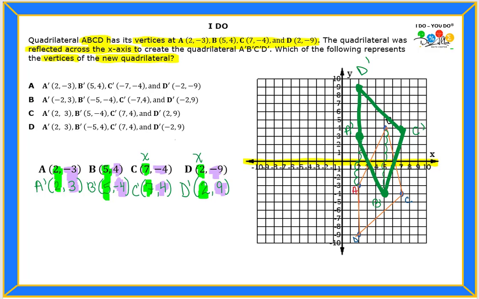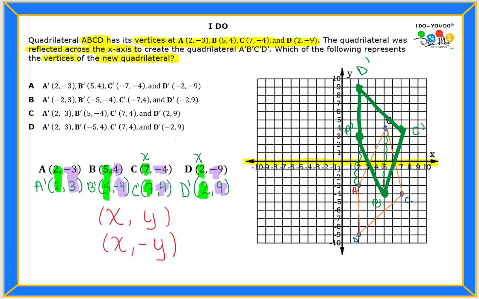Okay, so notice how every point, or every vertex, is on the opposite side of the x-axis. So what's happening is this. Let's say this is my x and my y coordinate. My rule says that the x stays the same, right? We did not change the x coordinate, but the y is as if you multiply by a -1.